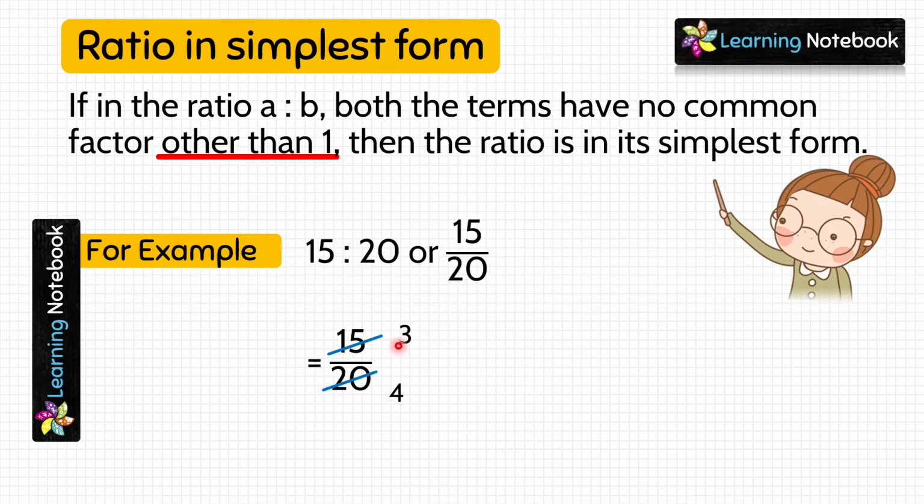We get 3 by 4, or we can call it 3:4. Now, this ratio 3:4 is in its simplest form because both the terms have no common factor other than 1.